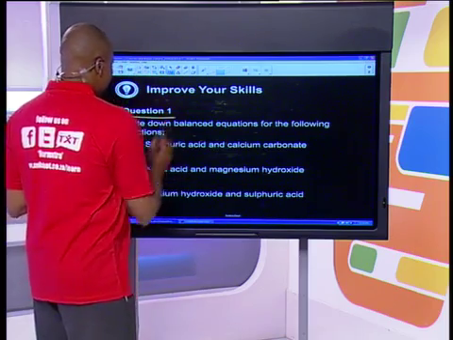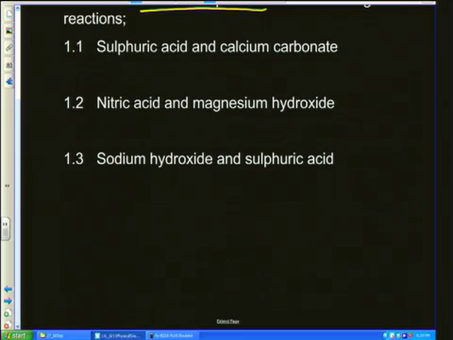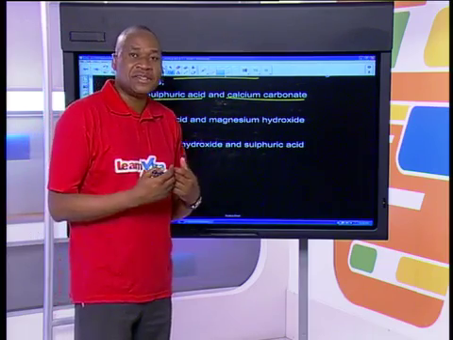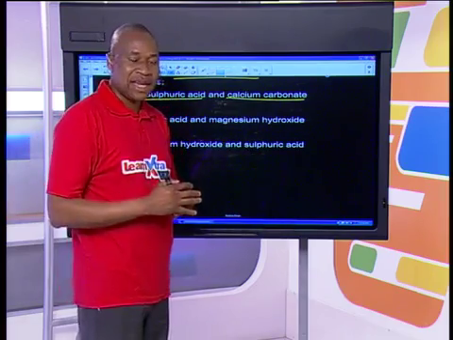Question number 1. Write down balanced chemical equations for the following reactions. 1.1. Okay, what are we looking at? We're looking at sulfuric acid reacting with calcium carbonate. Now, people, the key here is also that you need to be able to write down the correct chemical formulae of these substances so that you can see how they react and balance your chemical equation as well.